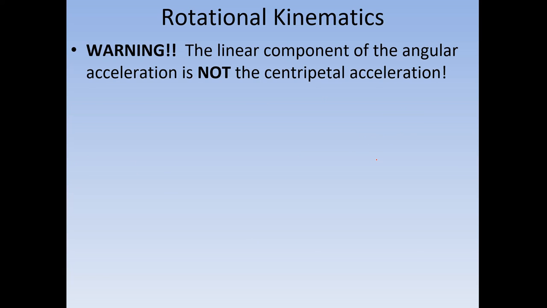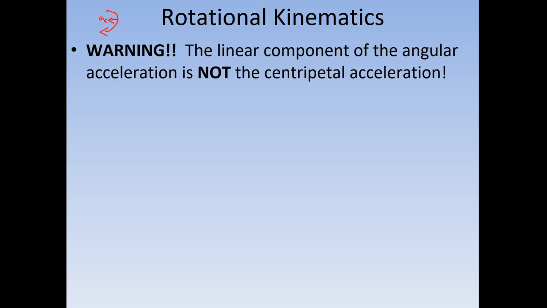Now, this is an extremely important aspect to point out: the linear component of the angular acceleration is not the same thing as the centripetal acceleration. So if you recall, in the previous unit, we talked about how, when an object is moving in a circle, it experiences a net centripetal acceleration towards the center of the circle.